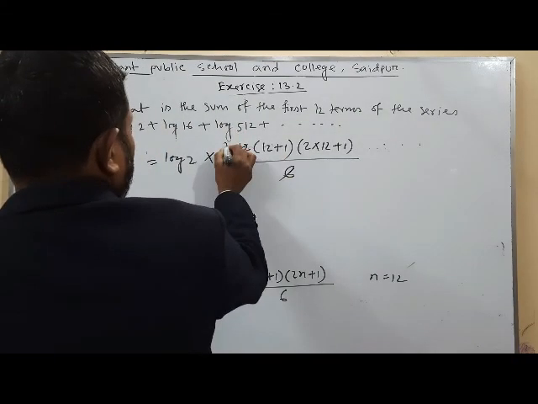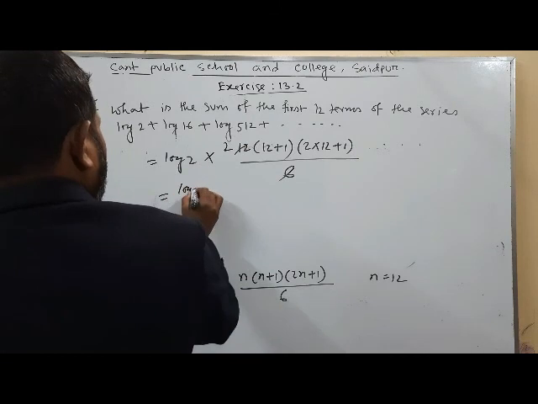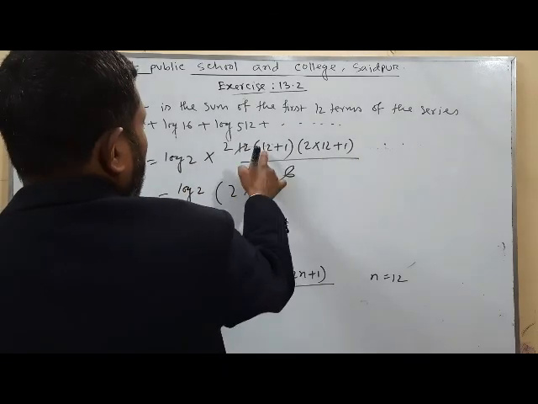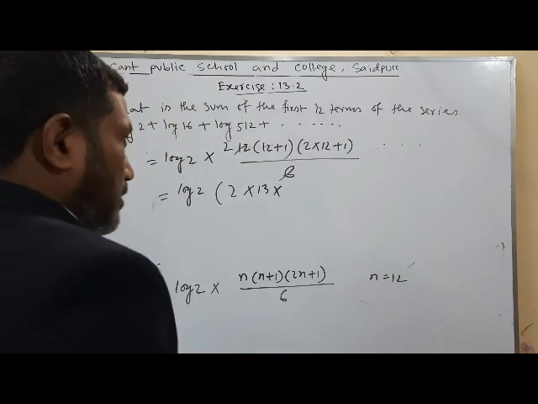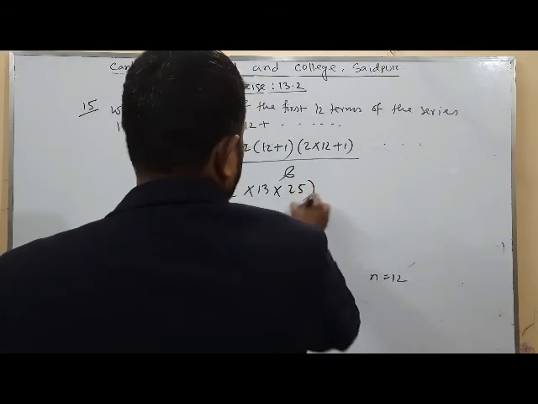Here 6 and 12 will cut, then we get log 2 into 2 times 13 times 25.